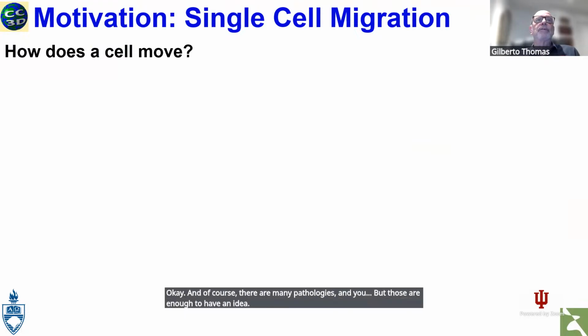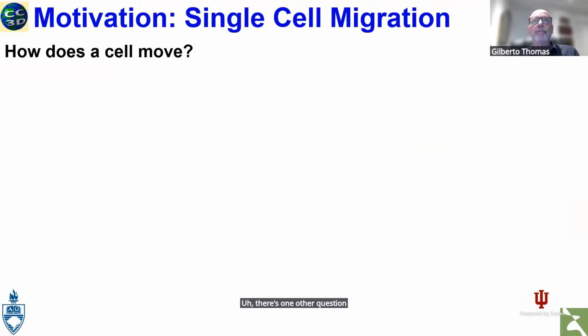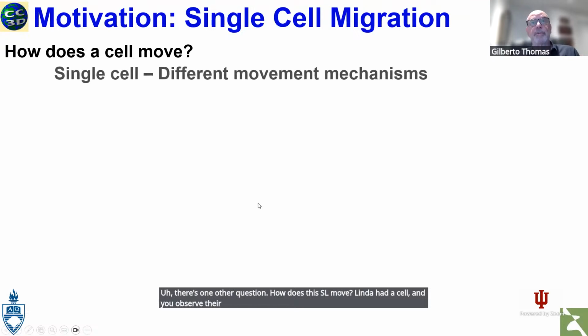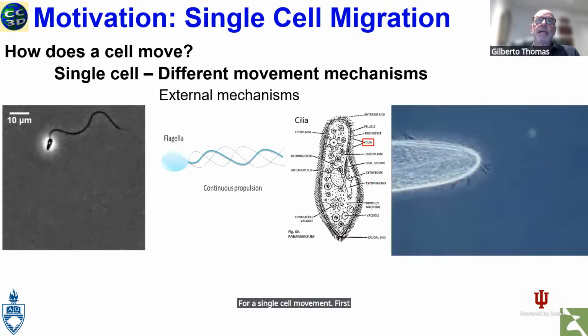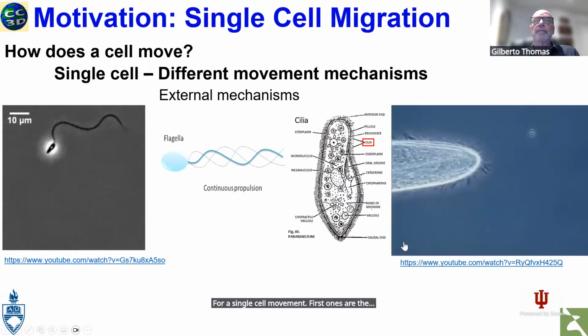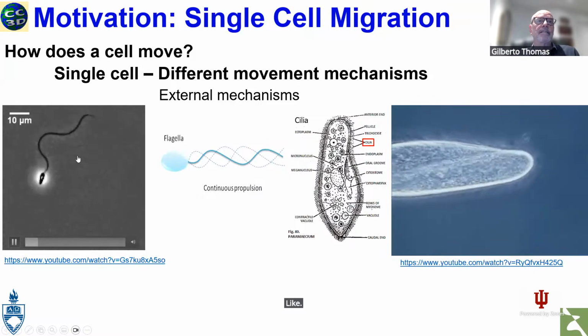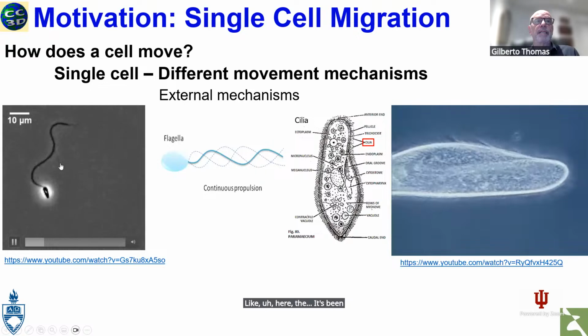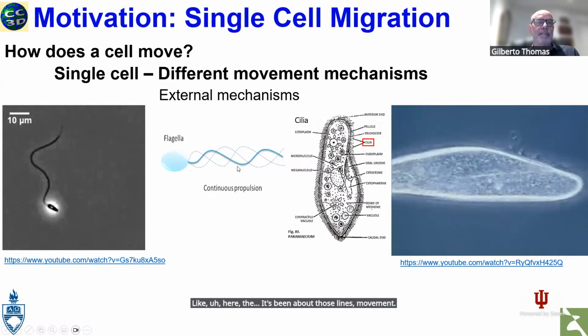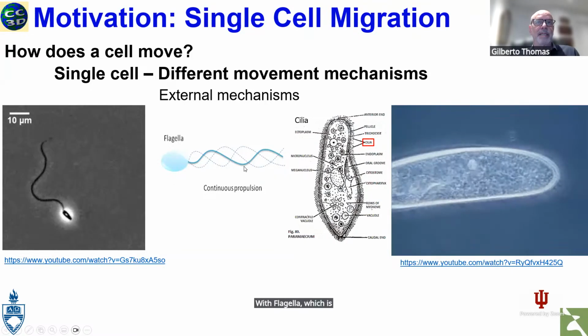The follow-up question: how does the cell move? When you have a cell and you observe the movements in a microscope, you can see different mechanisms for single cell movement. The first ones are the external mechanisms, like here the spermatozoid movement with a flagellum, which is an external mechanism.